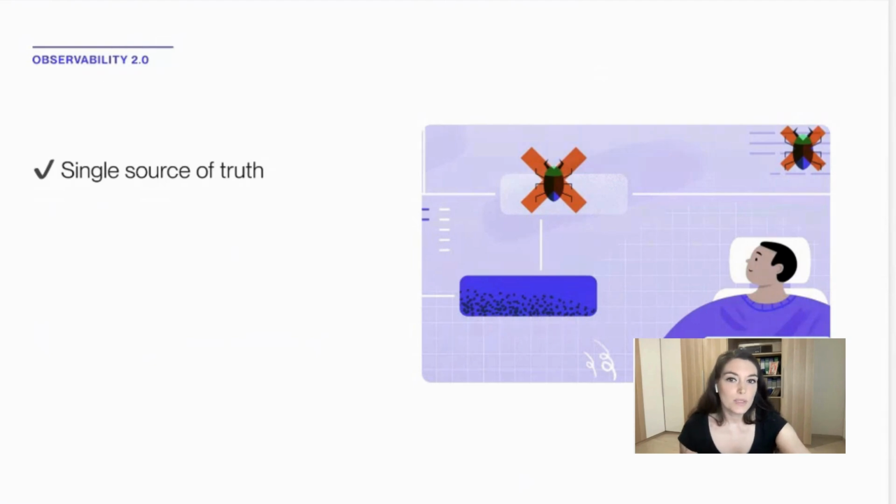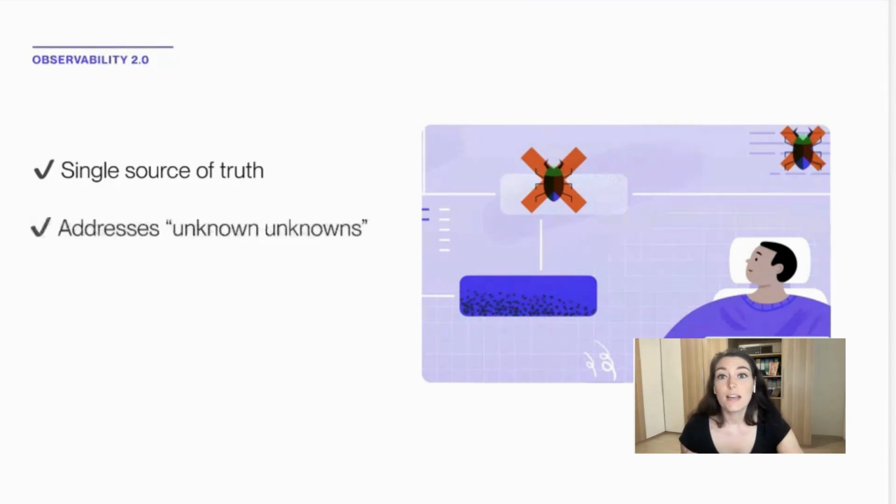And of course, the cost will also depend on your organic growth, the system architecture, but keep in mind that with that single source of truth, you have fewer tools. And especially, you'll save engineering hours because your engineers can now address those unpredictable, unforeseen, unknown unknowns faster.